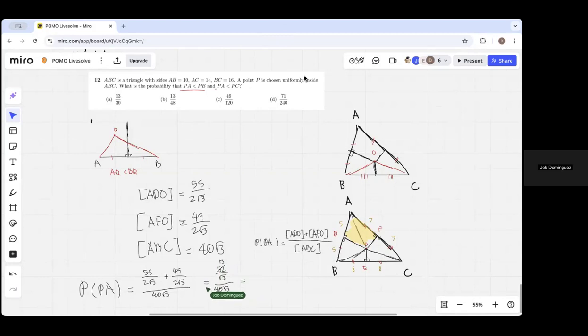And eventually, you'll get 13 over 30 as the answer. So again, my explanation here is to show how we can simplify the problem further with the definition of the perpendicular bisector here and over here. And yeah, that's how you solve problem 12.